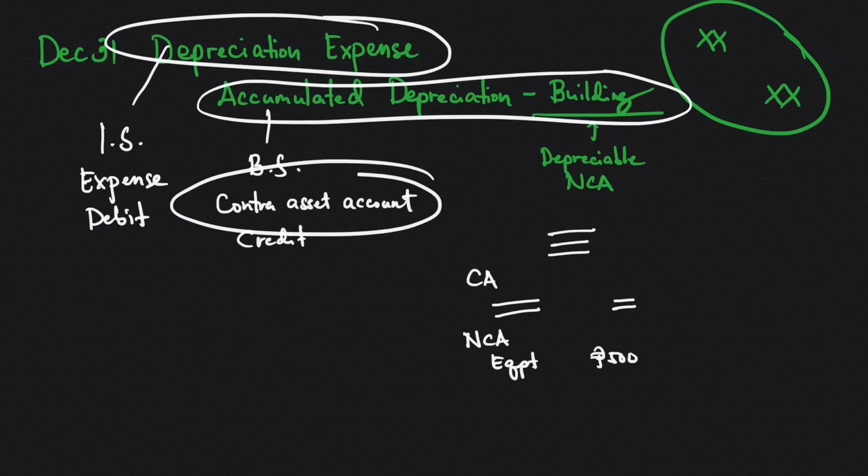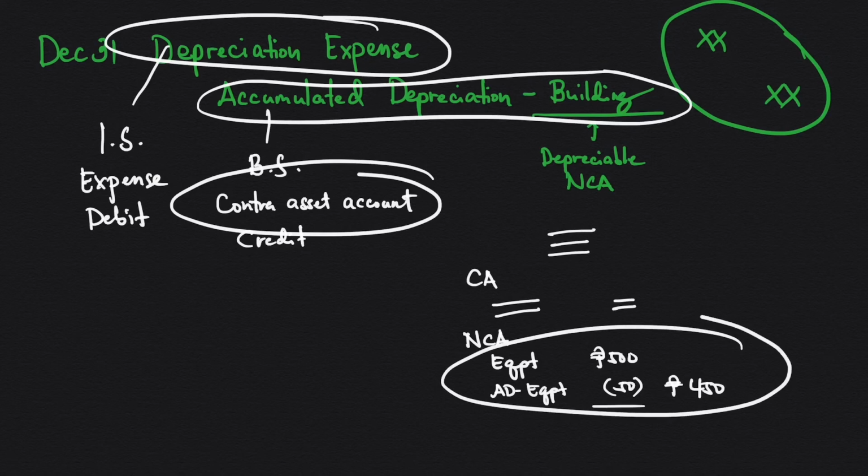After this, write the contra asset account, accumulated depreciation equipment. Let's say it's 50. And being a contra asset account, this is deducted from the related account to get the carrying value of the equipment, 450. So this is how accumulated depreciation is presented.